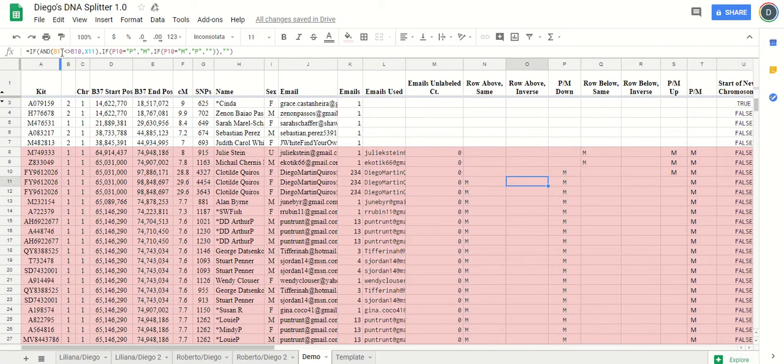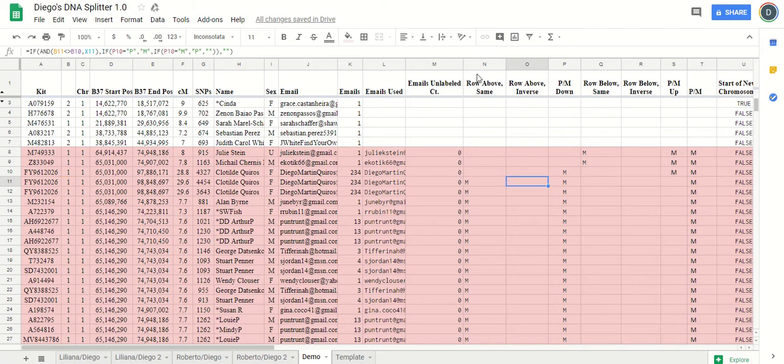So if B11 is different than B10, so meaning that they're in different phases, one is a 1, the other one is a 2, or vice versa, if they're not the same and the segment above overlaps, then this formula here looks a little bit complicated, but all that it does is it inverses or reverses the setting, so that if you have a P above, so if the above fragment is paternal, then this one will be set to maternal. If the fragment above is maternal, this one will be set to paternal. So it just reverses whatever you had before.